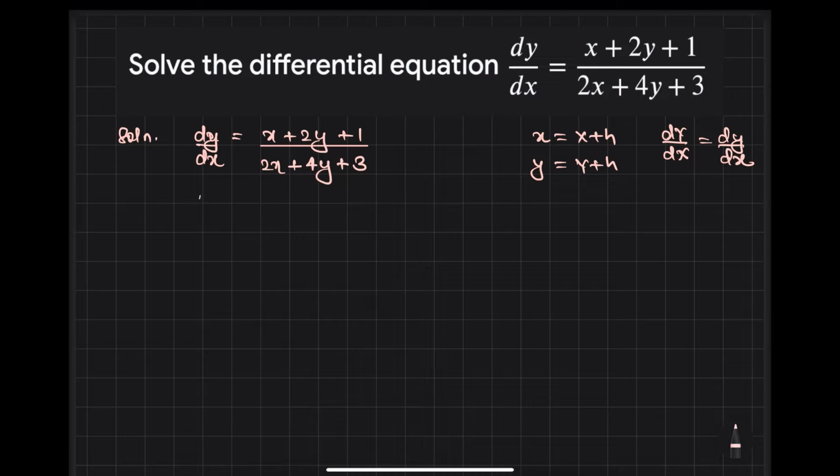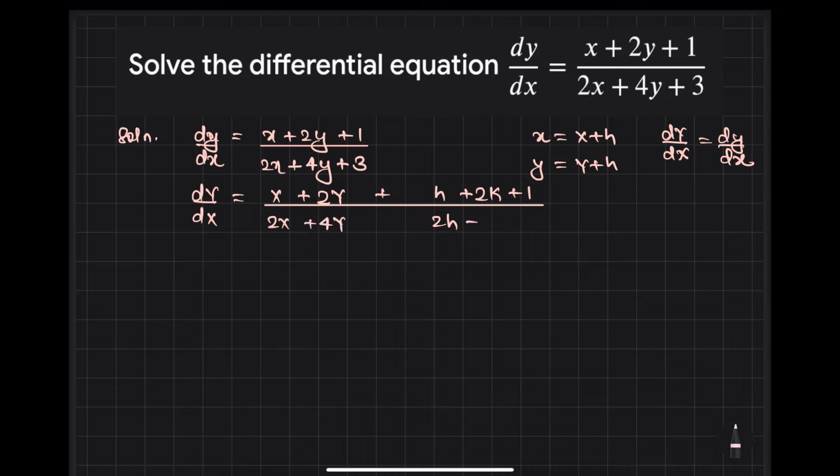So look at this. Can I write dy by dx is equal to, if you observe, you can replace x with x plus h. So capital X plus h, then plus 2y plus 2k plus 1, then 2x plus 2h plus 4y plus 4k plus 3.